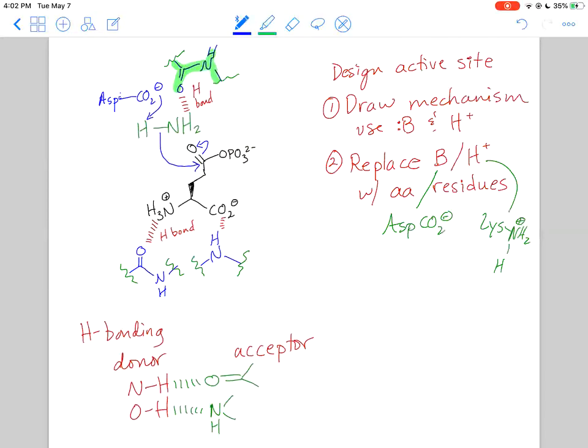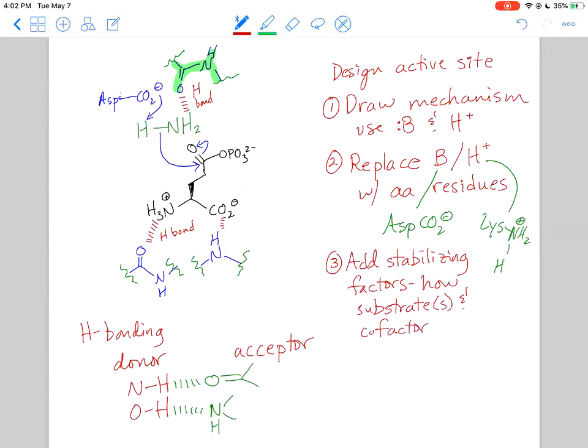Your third step is going to be adding your stabilizing factors. Stabilizing factors is a very broad term. You want to think about how the substrate, maybe there's two substrates, and any cofactors like ATP, for example, are going to stick to the active site rather than floating all over the place.